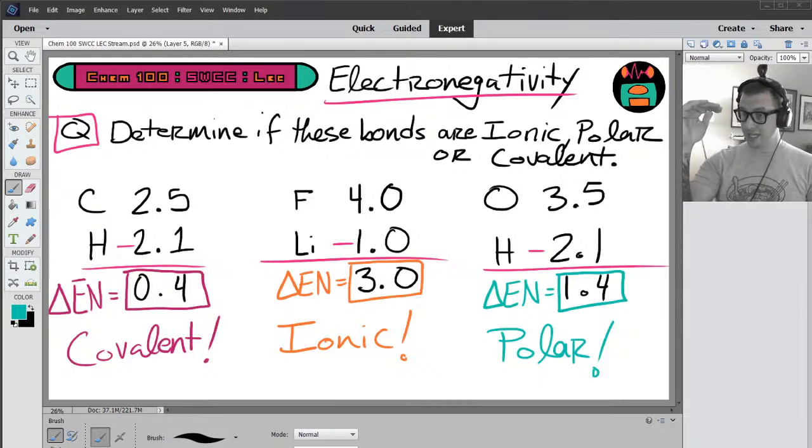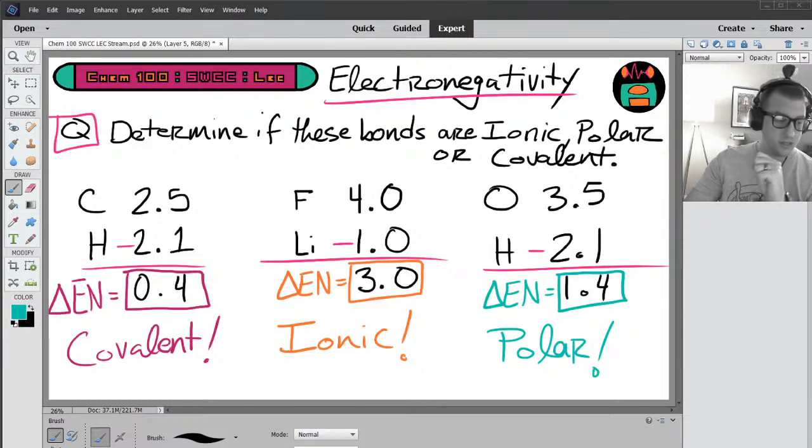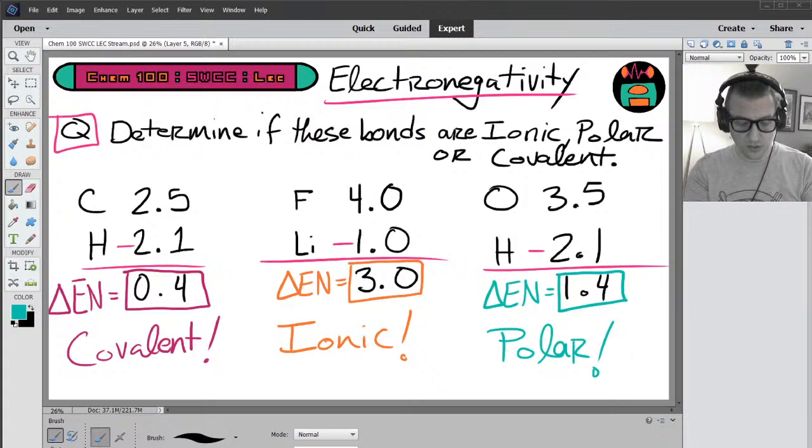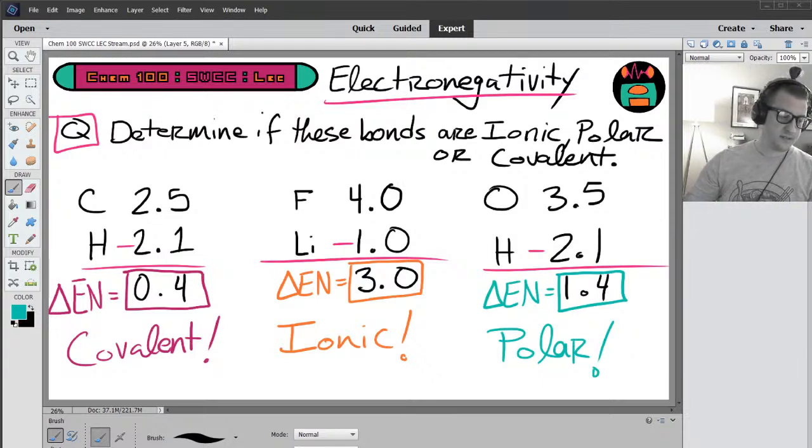So subtract the small one from the big one. You get a positive difference in electronegativity, and you're good to go. All right. So that is how you determine what type of bond you're dealing with. Yep, Ariana, that is correct. You always subtract for this situation.